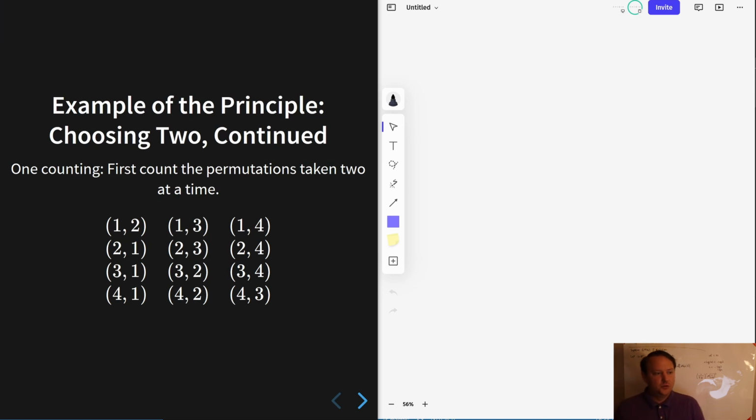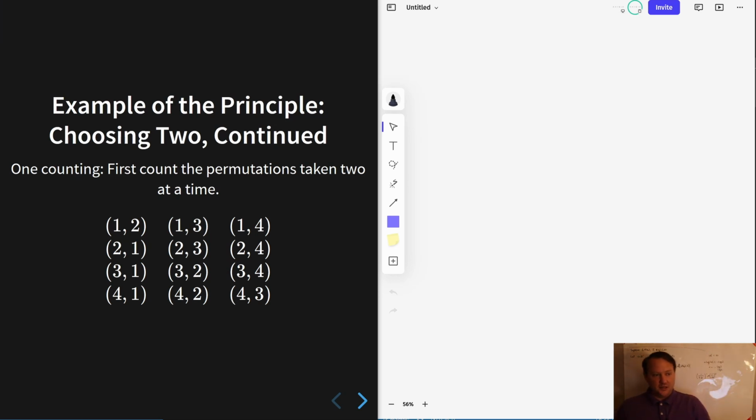So the set {1, 2} corresponds to the pair (1, 2) as well as the pair (2, 1), and so on. Every set of 2 elements corresponds to 2 ordered pairs of those same 2 elements, so the number of ordered pairs is twice as big as the number of sets. Therefore, if we count up the ordered pairs and divide by 2, we'll have the count for the number of 2-element sets.